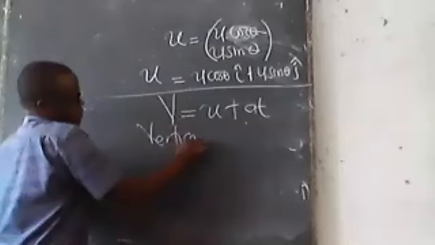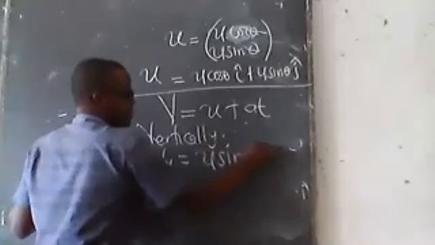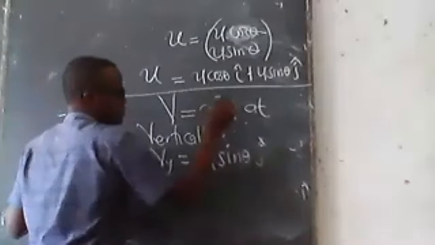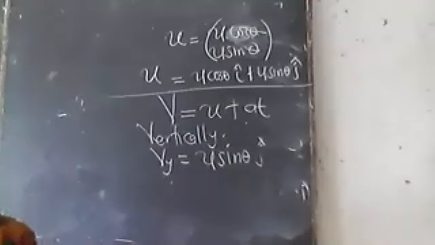Is that okay? We looked at this one the other time. I'm just adding the unit vector J to show that we are looking at the vertical component of the velocity.